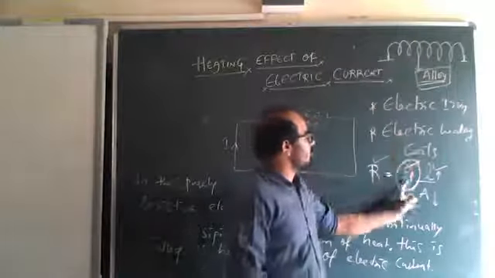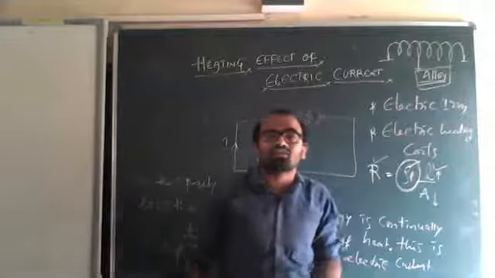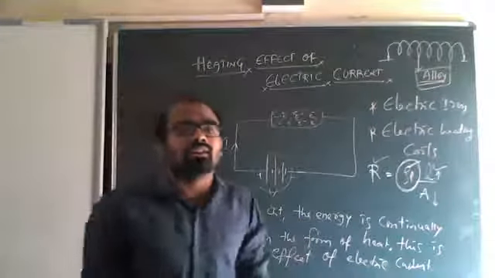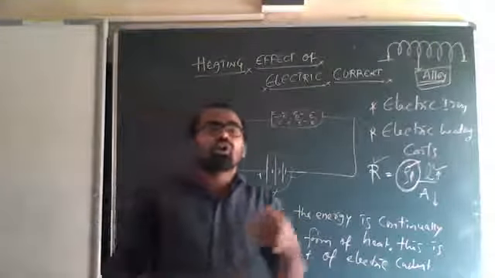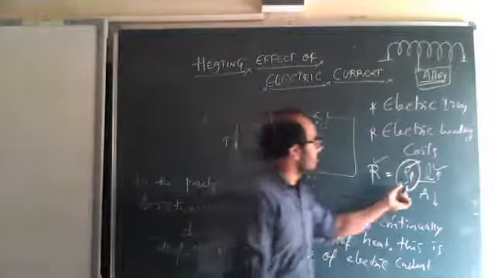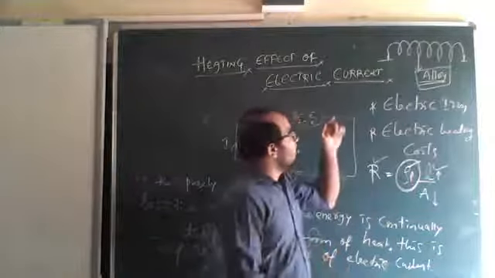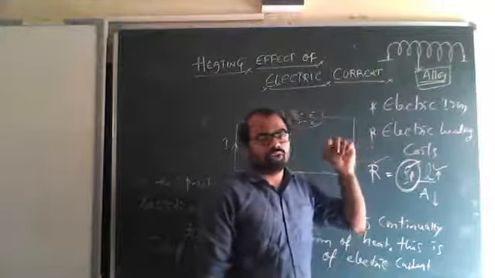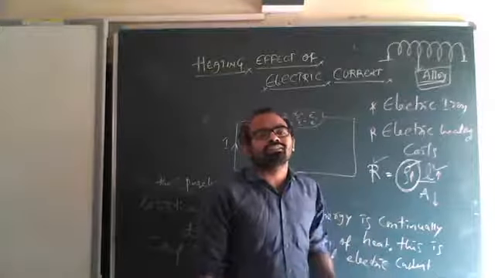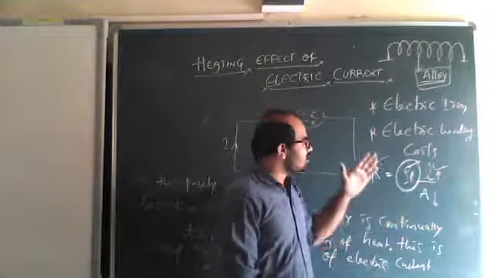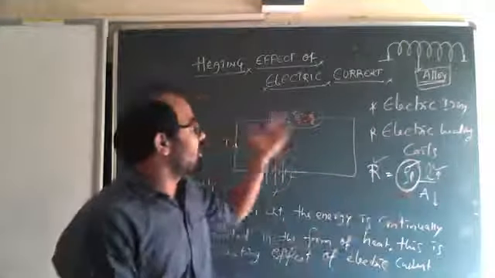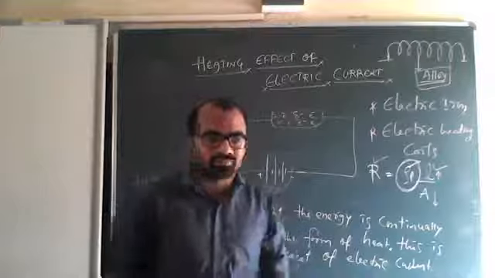Just because the electrical resistivity has to be more to produce maximum heat energy. Hence, since the electrical resistivity of alloy is more compared to metals, alloys are used in making electric heating coils.